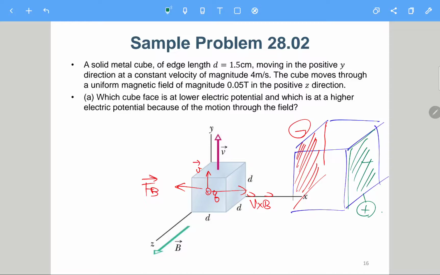Which means that the right surface is at a higher potential. Any questions?